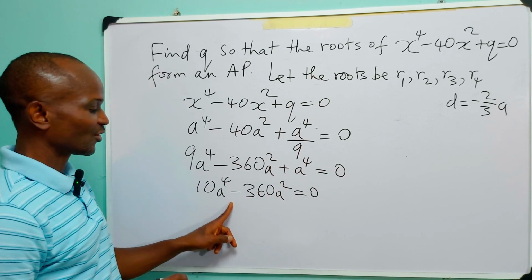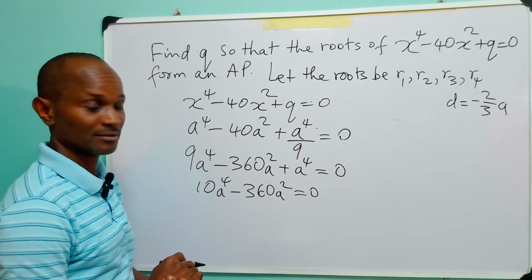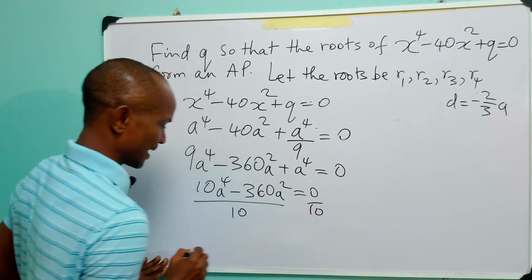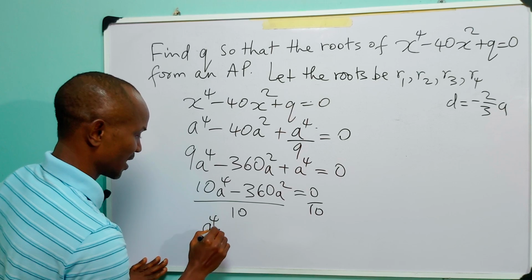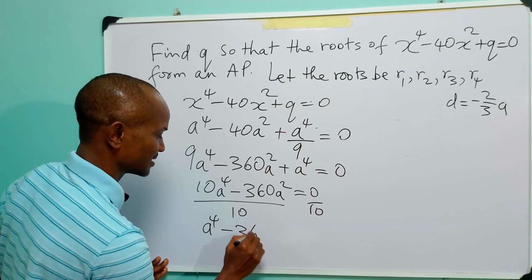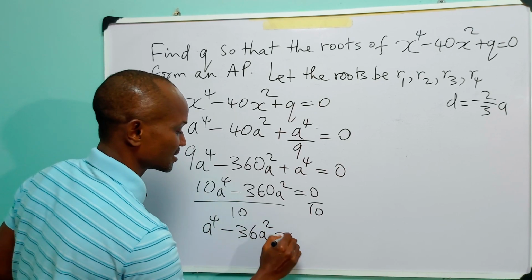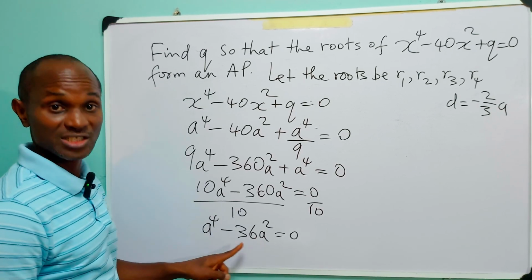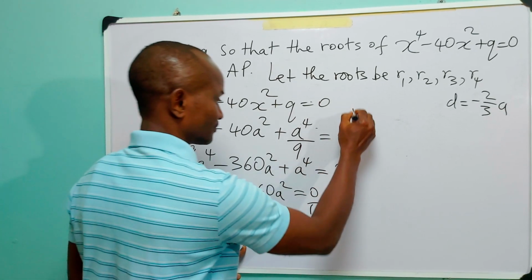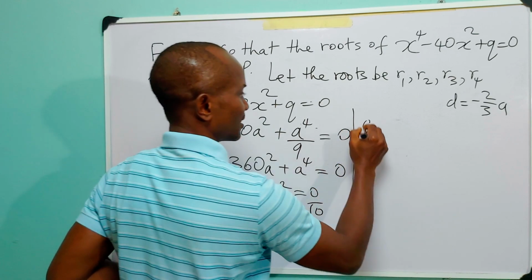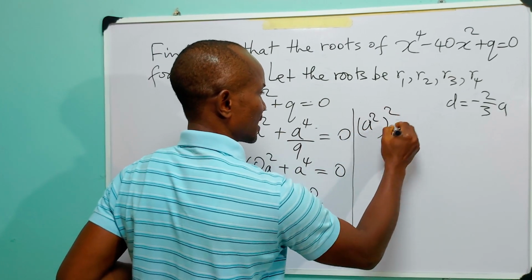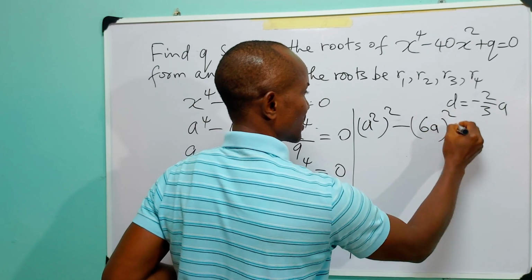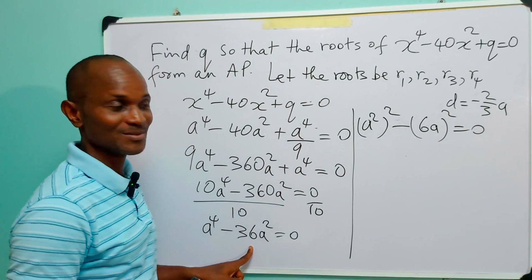We can solve this equation for a. First of all, we divide both sides by 10. So we have that a raised to power 4 minus 36a squared is equal to 0. Notice that this is the difference of two squares, because this is a squared squared minus 6a squared, and of course this is equal to 0.